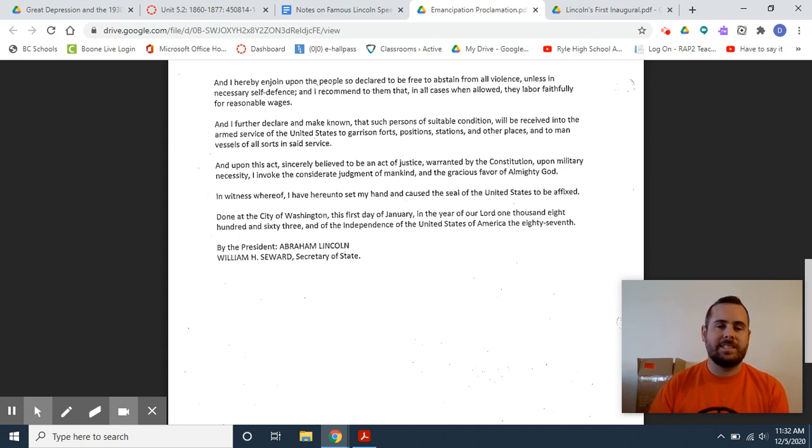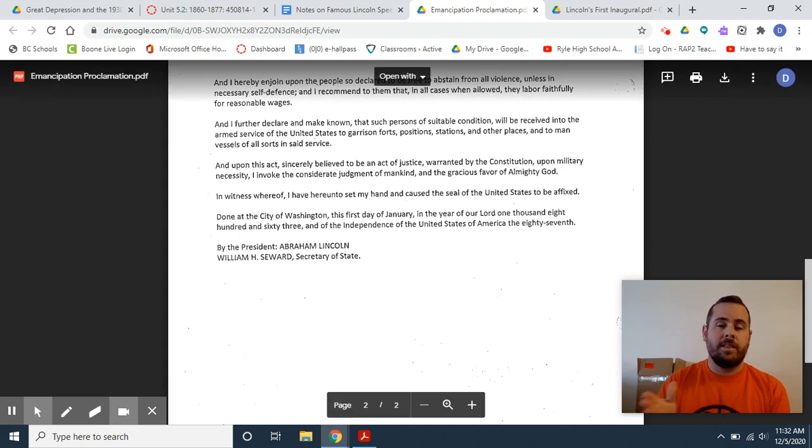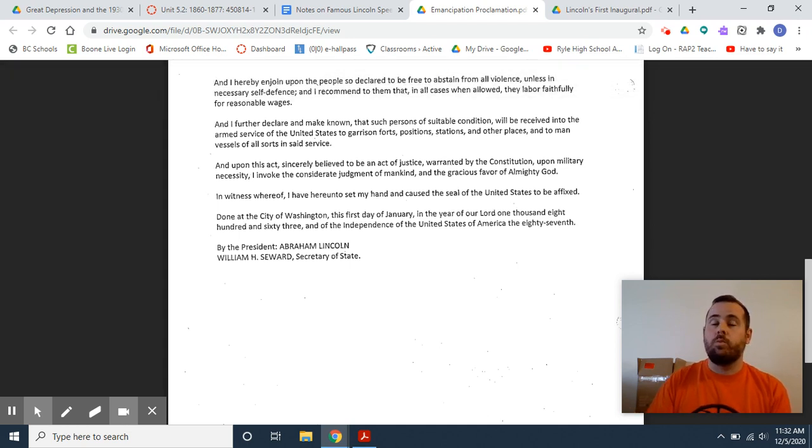The last thing about this is I just think it's worth highlighting that Lincoln has grown. He went from a position of the war is not about slavery. He had no legal or personal interest in abolishing it, to now he is saying that. Lincoln will continue to grow.